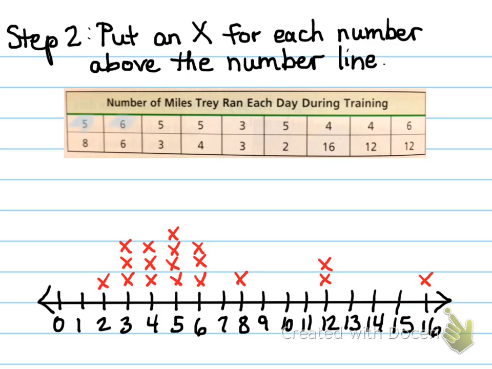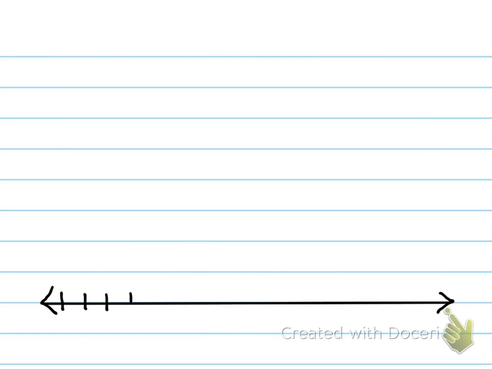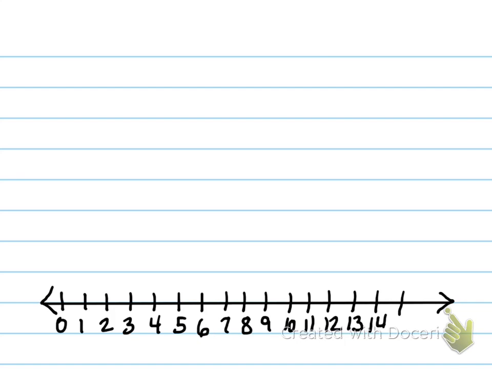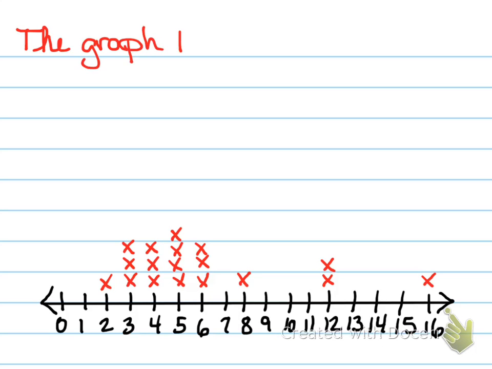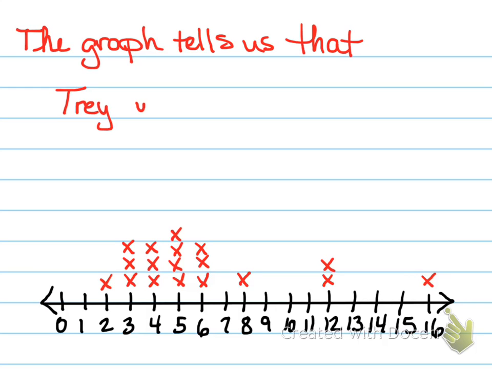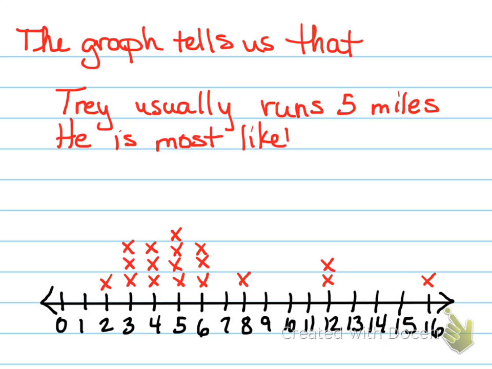Now what can I tell from my completed line plot? One thing that I'll be able to tell from my completed line plot is how many miles Trey is likely to run.